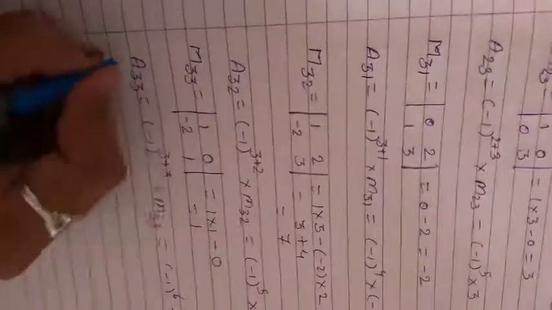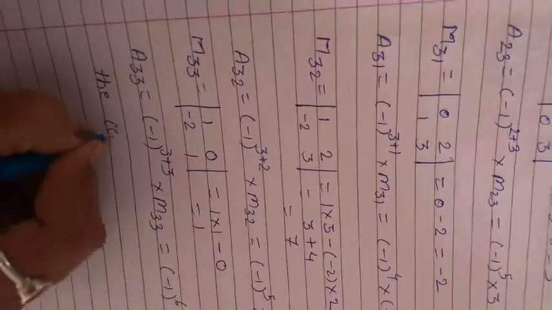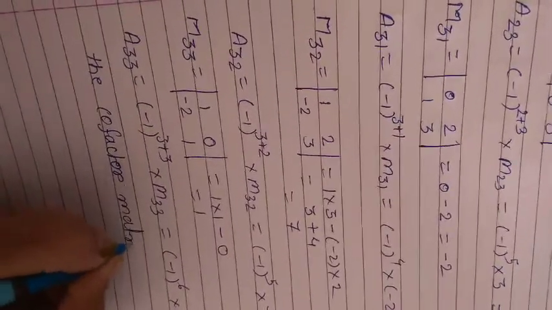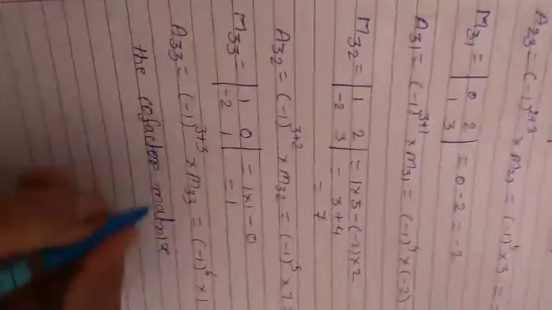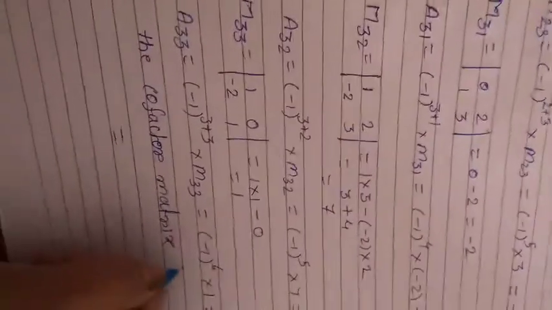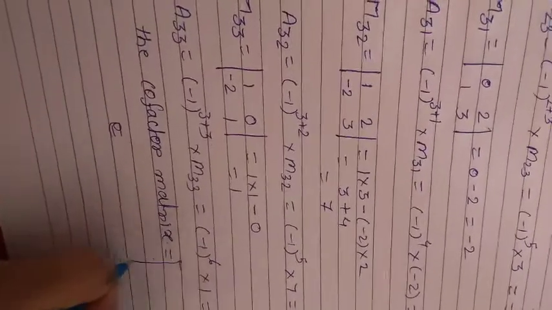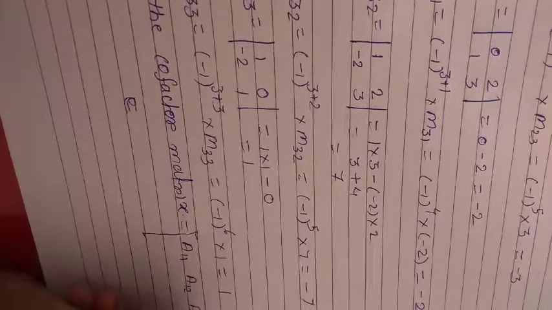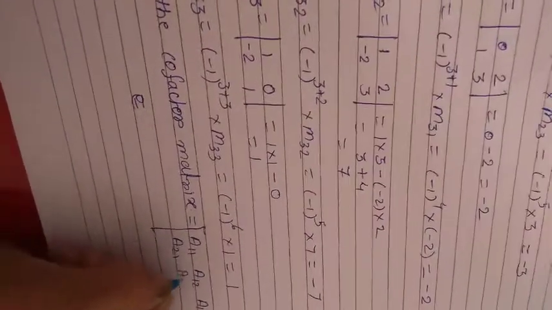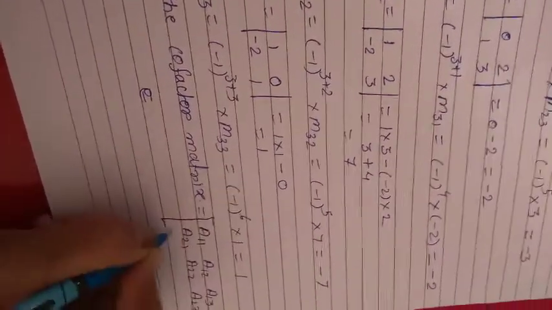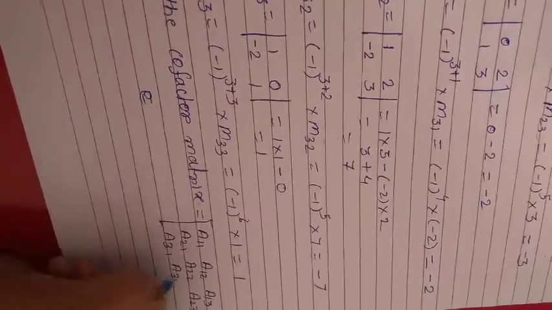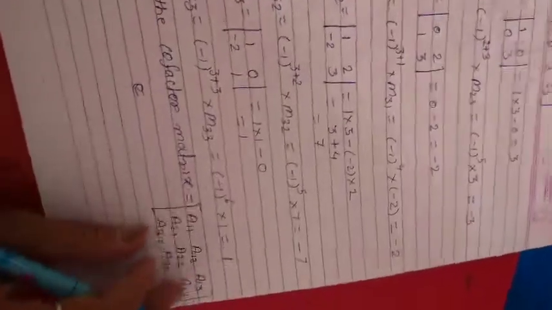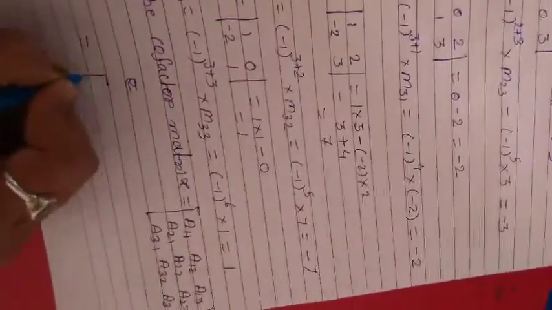Now we will write the cofactor matrix. The cofactor matrix is equal to a 3 by 3 matrix. So A11, A12, A13, A21, A22, A23 and A31, A32, A33. Now we have all values. Just substitute.